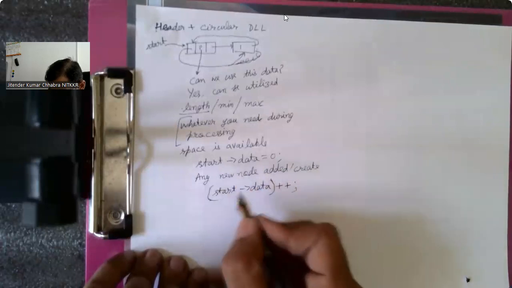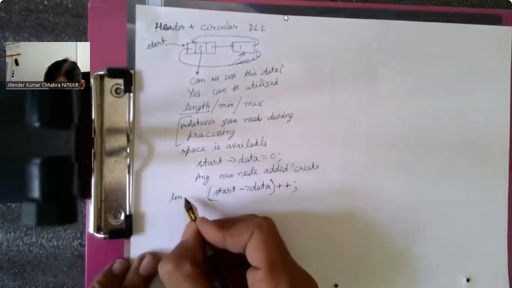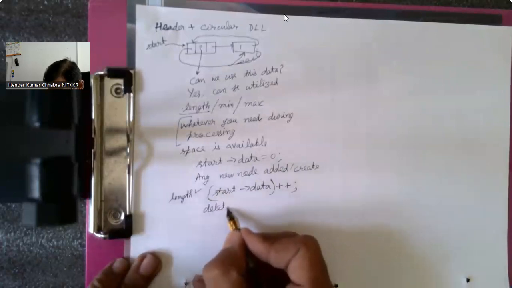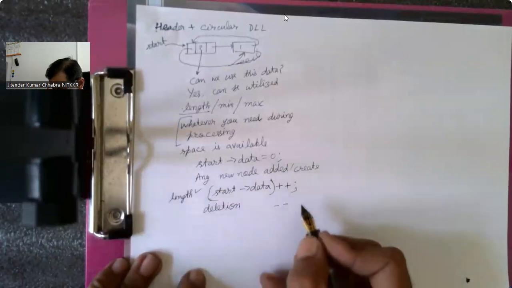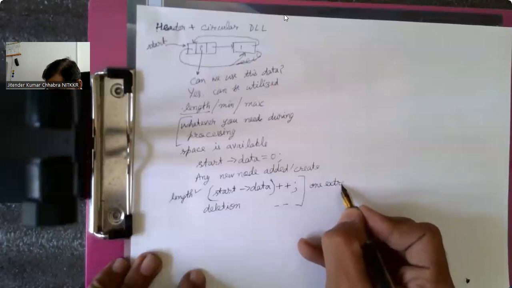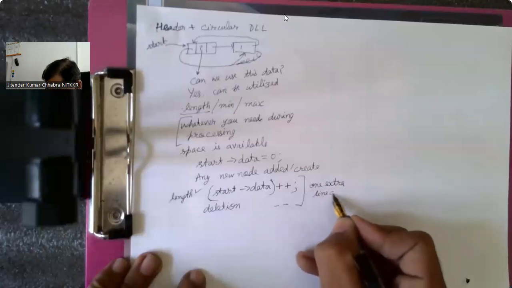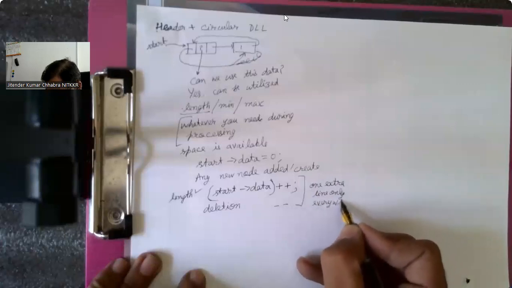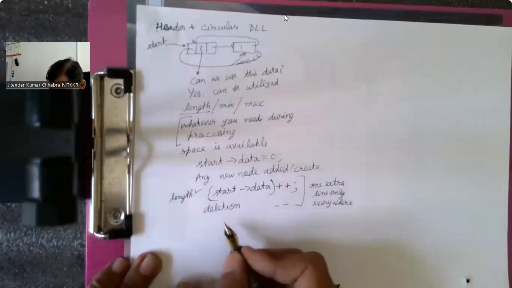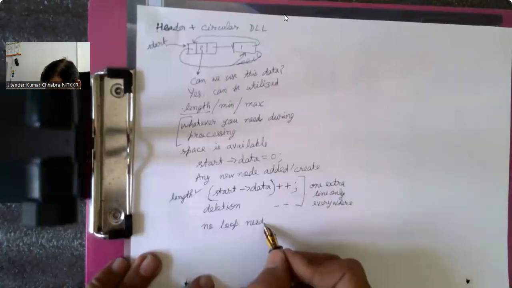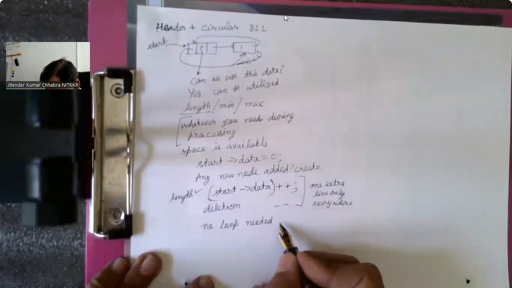That will increment your count, so your length is calculated automatically. Similarly, deletion will mean minus minus. So only one extra line is added in your code, no extra loop needed to calculate the length. So your length will always be available. But if you don't need length, you need not store length.